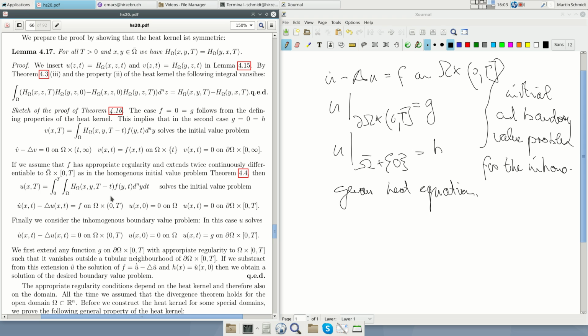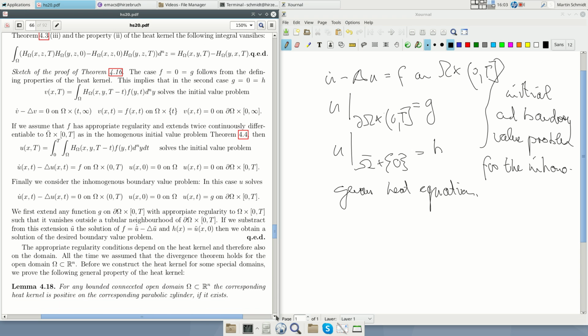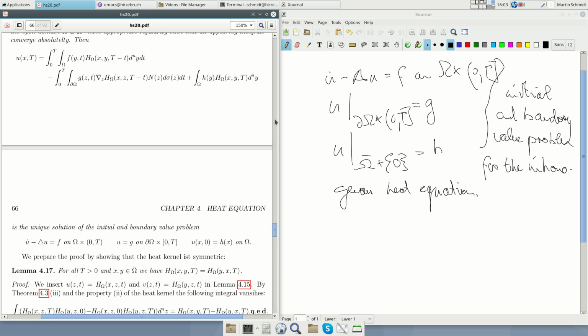This is Duhamel's principle. By Duhamel's principle, we get this, and this just follows by the integral and the regularity, and this follows by the properties of the Green's functions. Finally, it remains to consider the last case, because of course we can separate.